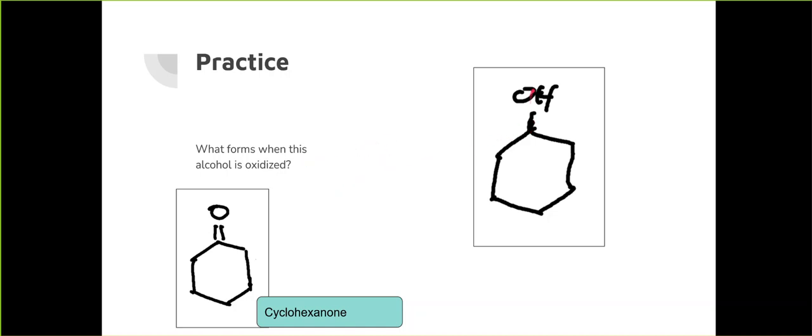So again, you're going to lose this hydrogen here and it's going to form a double bond. And so you're going to get cyclohexanone. And you could say 1-cyclohexanone, but it doesn't matter because it could be anywhere on this ring.